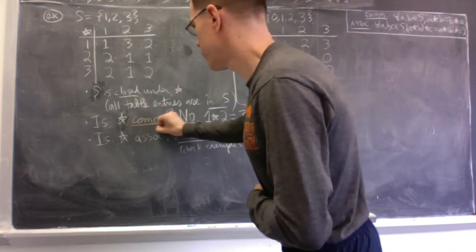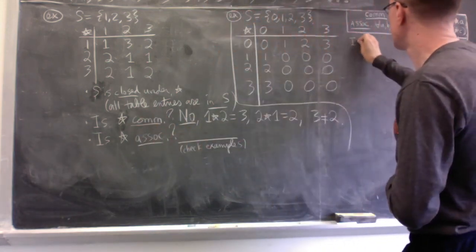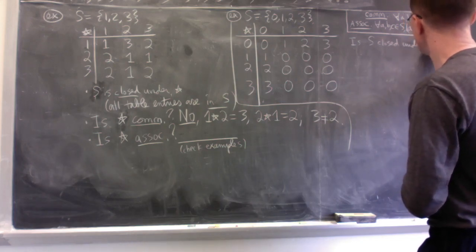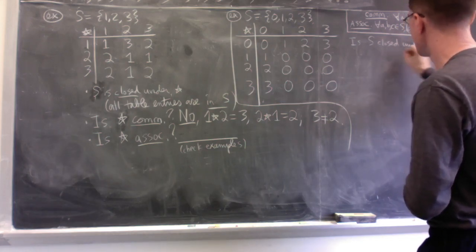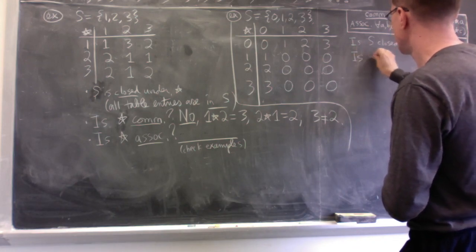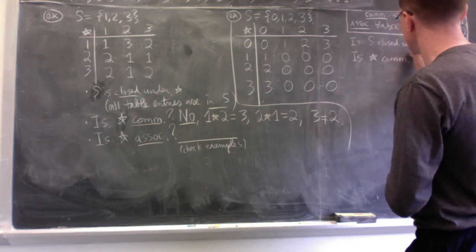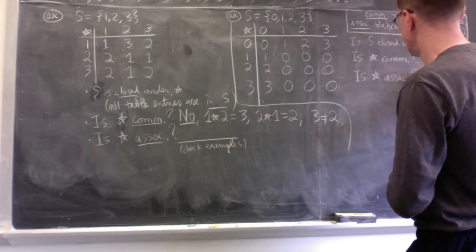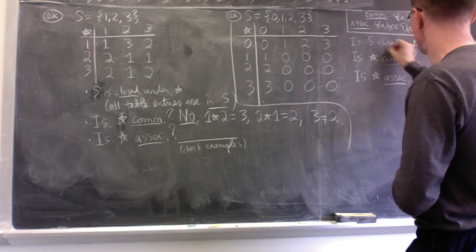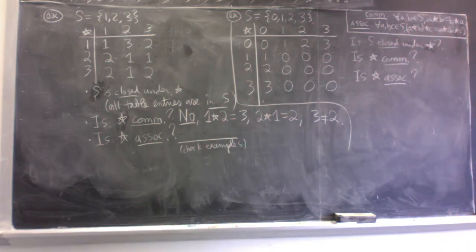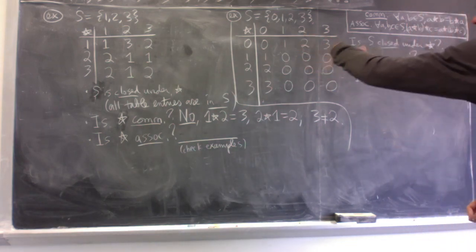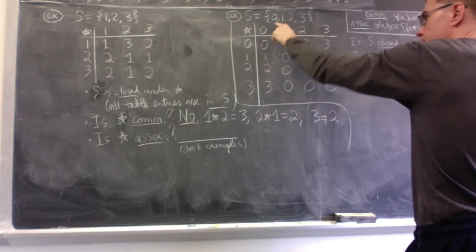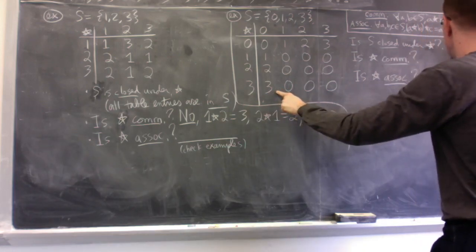Is it associative? All right, and so you can immediately see, again, just by seeing that all the outputs inside the table come from the set, that yes, it's closed.